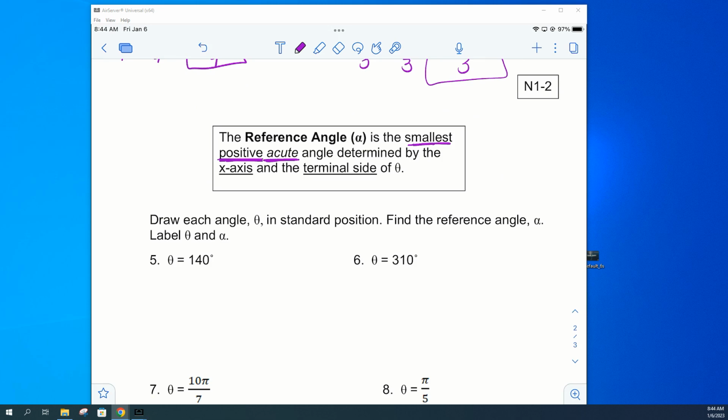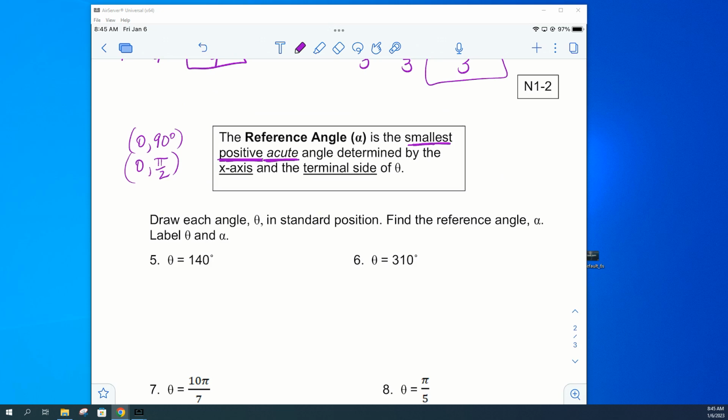So in other words, if it says find the reference angle, people, if it's positive and acute, that means your answer better be between 0 and 90. If you're not giving me an answer between 0 and 90, your answer is not going to be correct. Okay, if you're in degrees, and of course 0 to pi over 2 would be radians. So all reference angles, they are positive and acute.